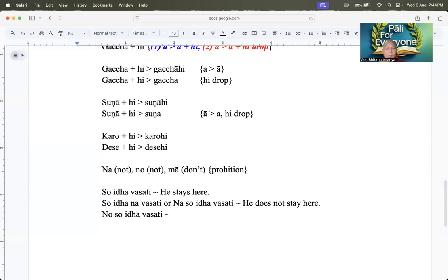Na is in the sense of negative, at the very beginning of a sentence we can find. So he does not stay here. So in this way we can see here, using the na for the negative, using the na for the negative, you see.